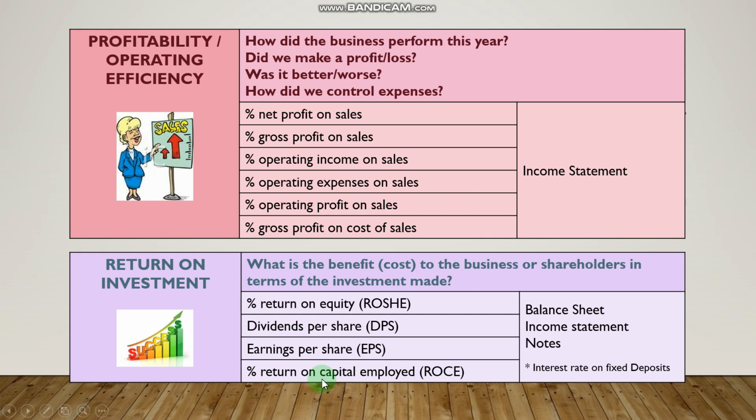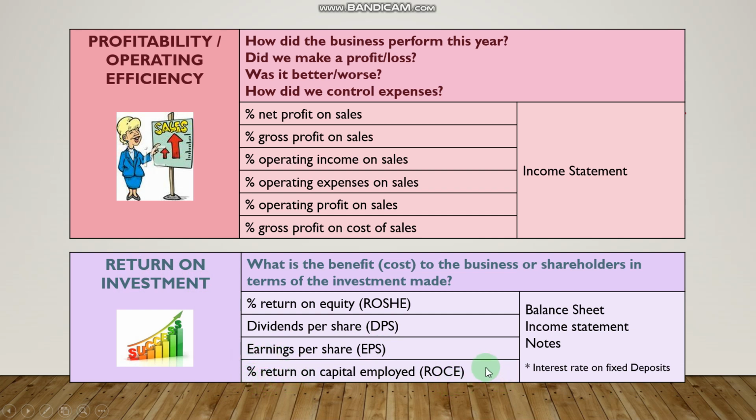So when you come across the term capital employed, remember it is the amount of capital used in the business: your own capital, that is your shareholders' equity, plus your non-current liabilities, your borrowed capital. So just bear that in mind. We don't want to discuss it too much under return on investment, although it is a percentage return.